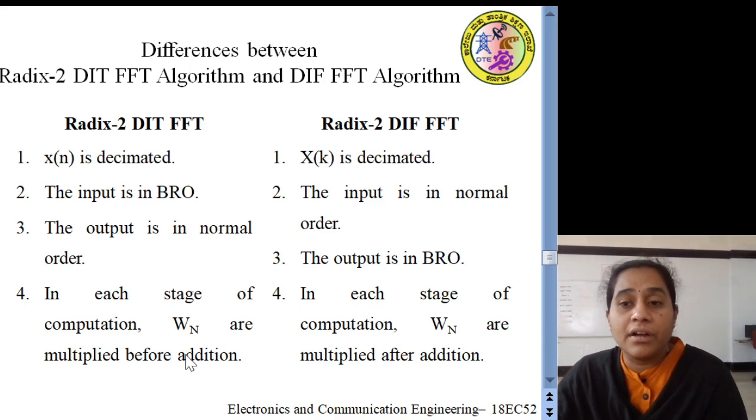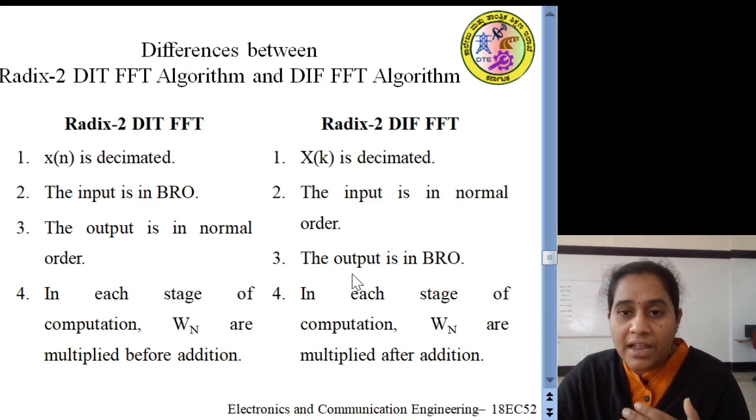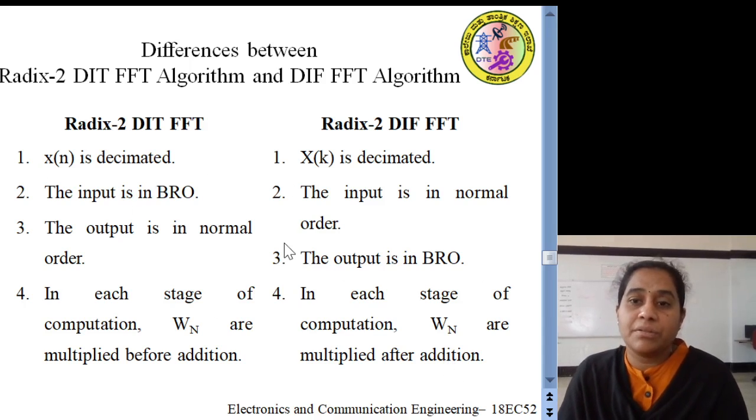But in the radix 2 DIF FFT algorithm, in each stage of computation the twiddle factors are multiplied after addition. So these are the main differences between the radix 2 DIT FFT and DIF FFT algorithms.